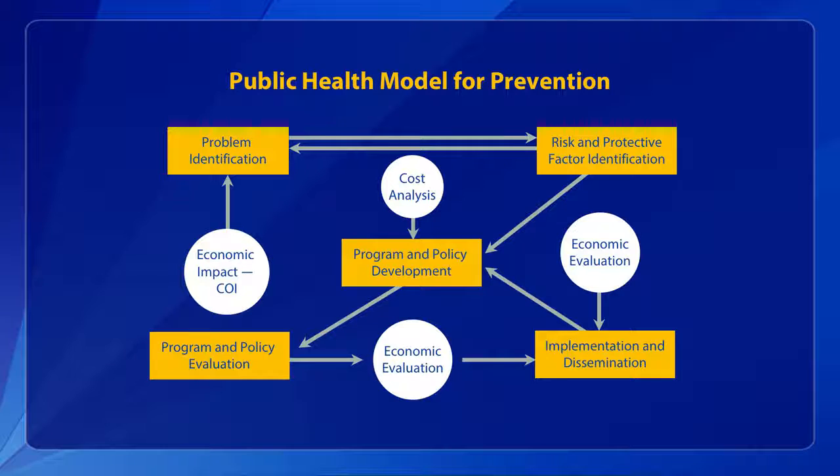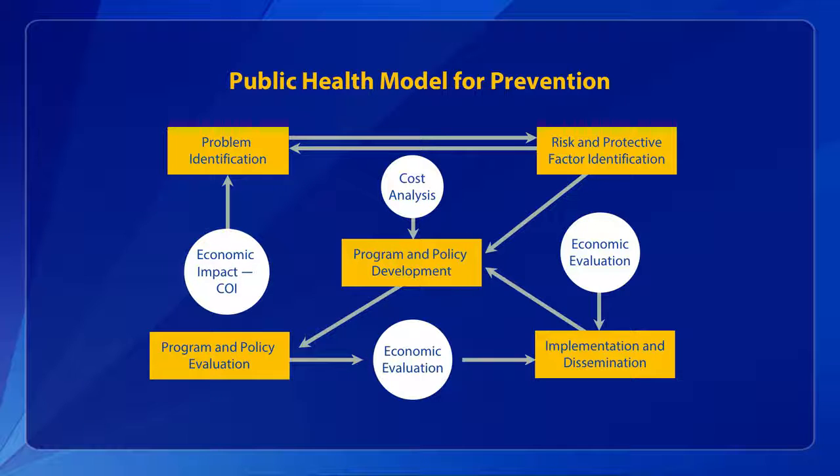To identify problems we hope to address, we use surveillance to determine the burden of a disease. Surveillance takes into account incidence, prevalence, and mortality rate. Regarding the economic burden, surveillance provides information on the medical costs and losses in productivity associated with a disease. We also look at the causes of a disease to determine risk and protective factors.